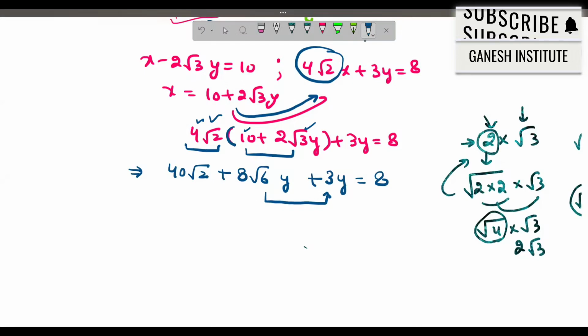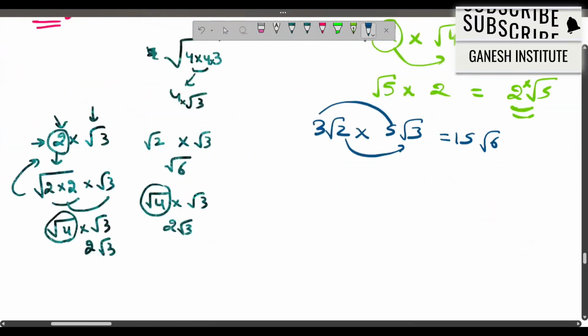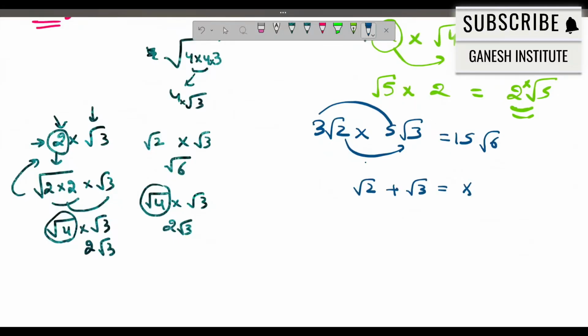So now, for addition and subtraction, I told you the rule that addition can only take place with like roots. Let's say if I have root 2 and root 3, I cannot add them further because these are not like roots. If I have 2 root 2 and 3 root 2, I can add them as 2 plus 3, 5 root 2.